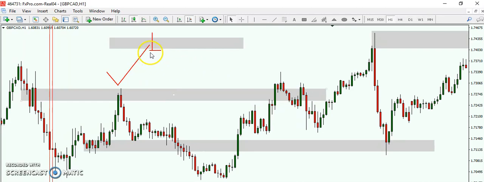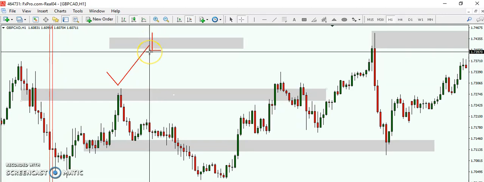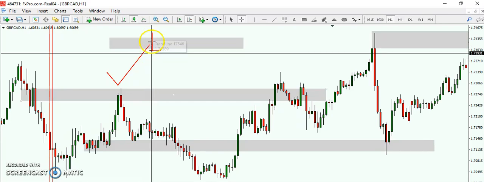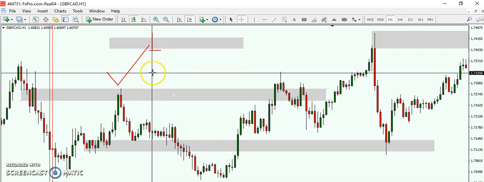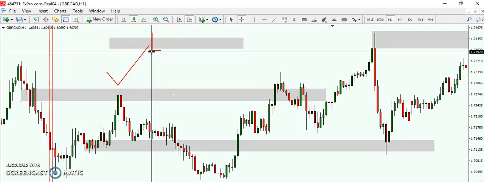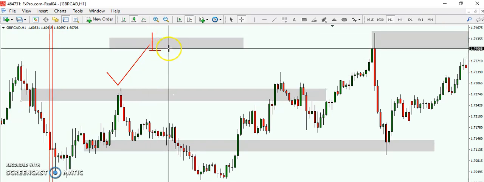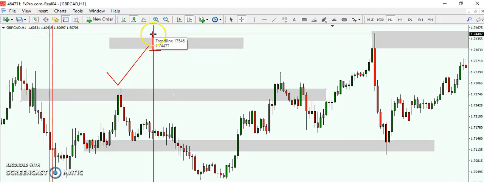But there's a story behind this move, a story behind this price movement, and that is what most technical tutors will not tell you. Sometimes they say look for a bullish engulfing candle, and then price closes below it. That bullish engulfing candle is not just a name.